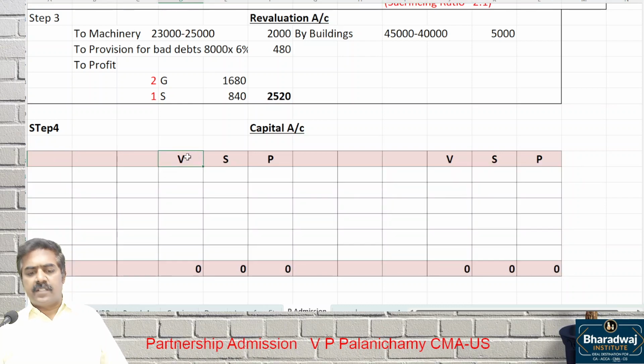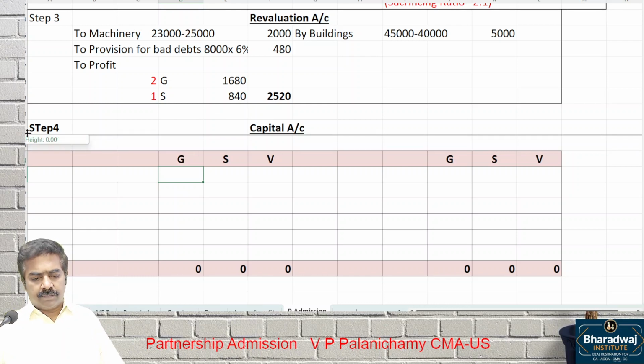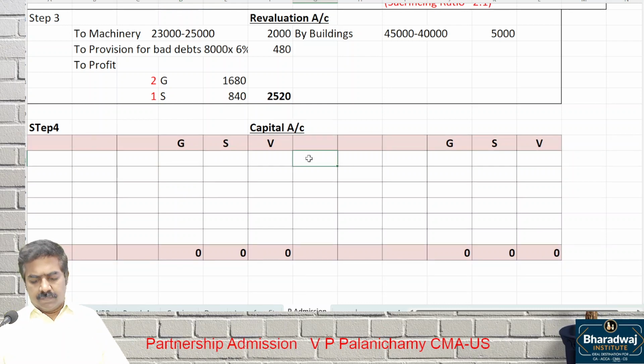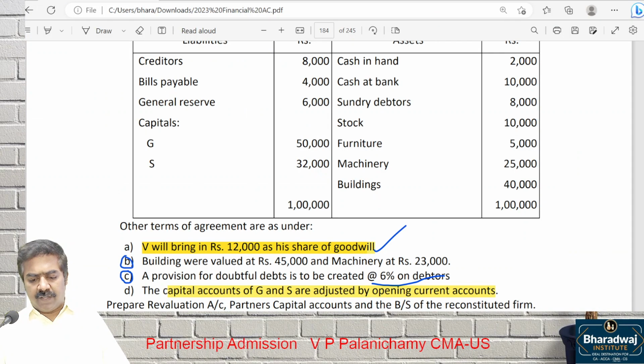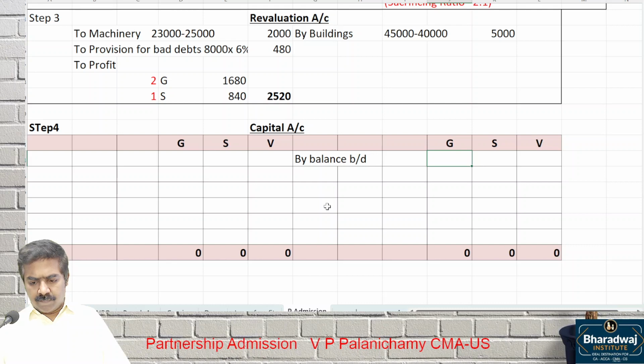Who are the partners? G, S, B. Start preparing the capital account. By balance brought down, what is the opening capital of G, S, B? 50,000, 30,000.